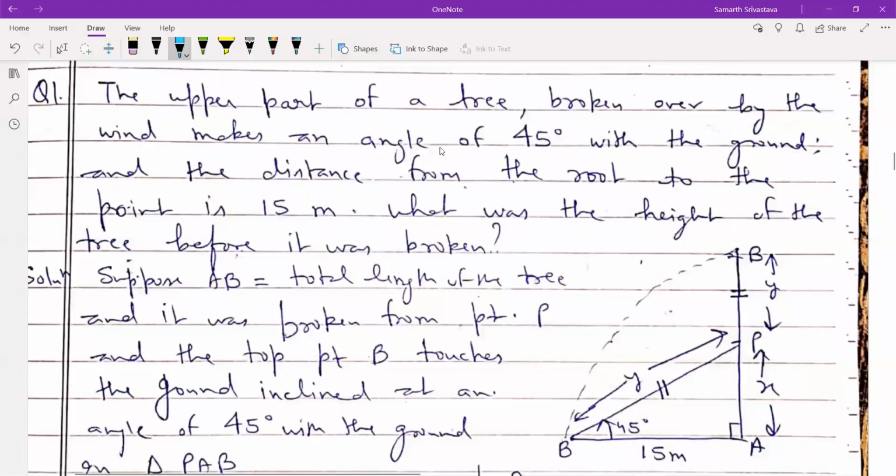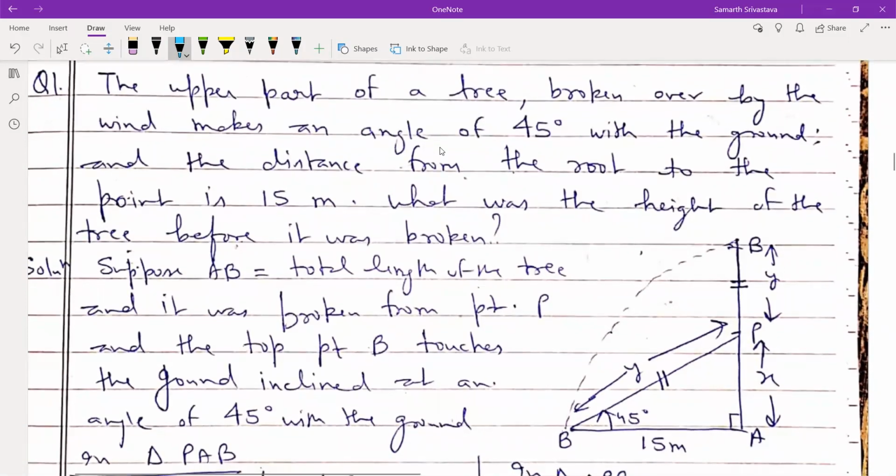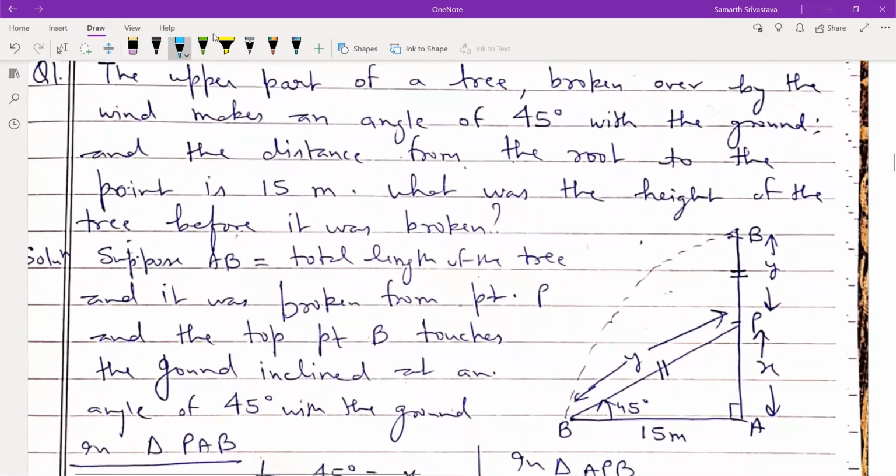Question 1: The upper part of a tree broken over by the wind makes an angle of 45 degrees with the ground, and the distance from the root to the point is 15 meters. What was the height of the tree before it was broken? So we will proceed according to the statement.